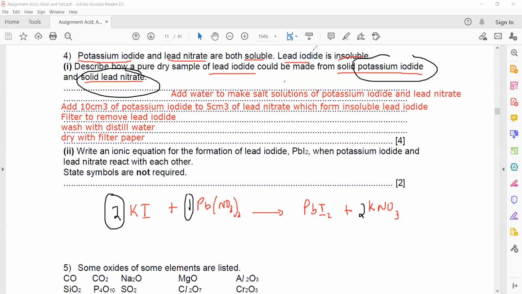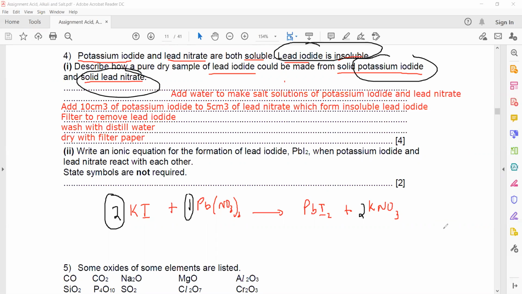In the question, they mention lead iodide is insoluble. So if lead iodide is insoluble, what is the technique to obtain an insoluble salt? It is by mixing salt solutions. The only technique which you use to obtain the insoluble salt is by mixing salt solutions. Filter paper or tissue paper has a tendency to soak up moisture. That's why we use any one of them.